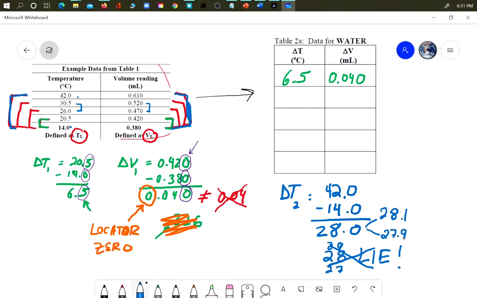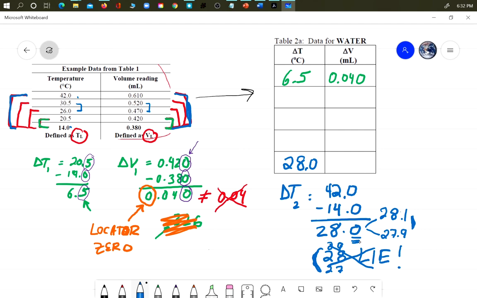Look at the difference in precision. We know that this value here has a much smaller range of uncertainty than it does down here. So we're going to write that down, delta T, since this was the biggest one, I'll put it down here, 28.0. You have to report that 0.